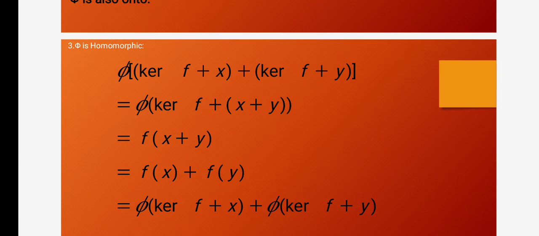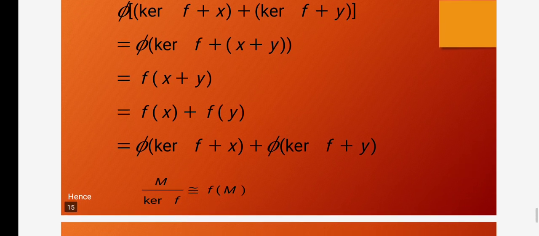Then phi of kernel f plus (x plus y). Then by the definition of the mapping, f of x plus y. Then since f is a homomorphism, the image separates: f of x plus f of y. Then we put the values of f of x and f of y: phi of kernel f plus x plus phi of kernel f plus y. This is the proof that phi is a homomorphism.